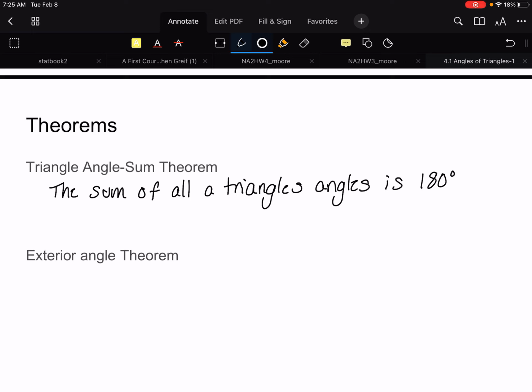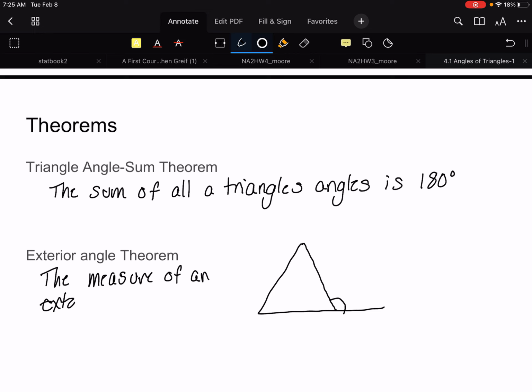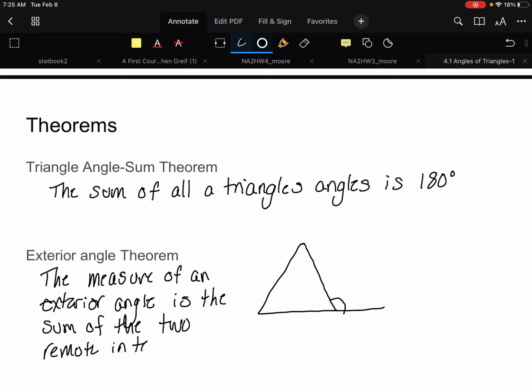The second theorem here is the exterior angle theorem. So remember, we were given a triangle that looks something like this. There's our exterior angle. And it says the measure of an exterior angle is the sum of the two remote interior angles.